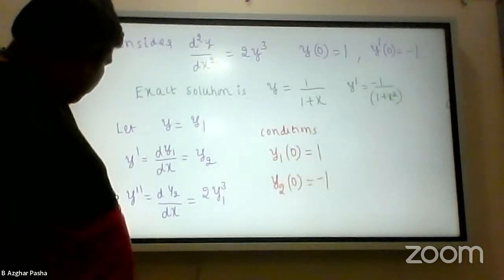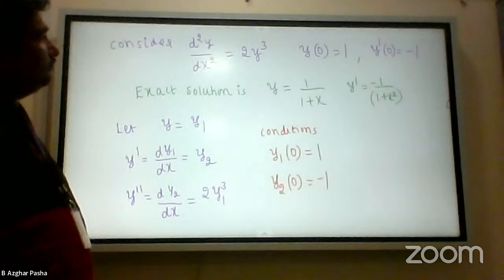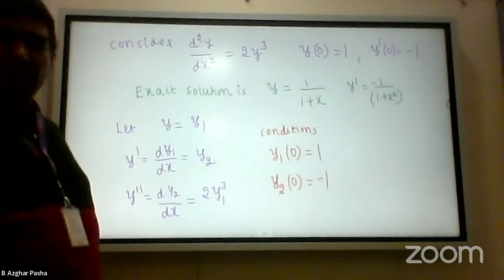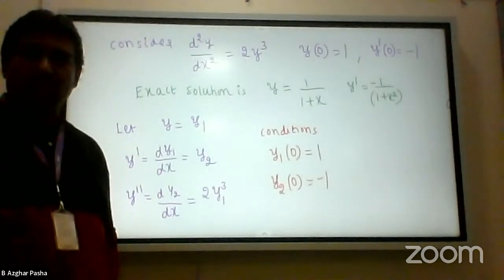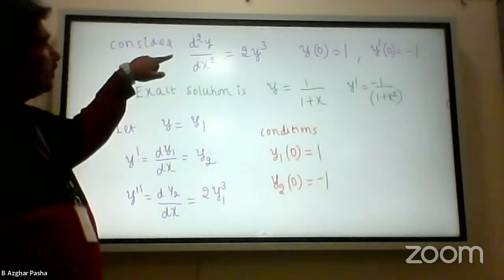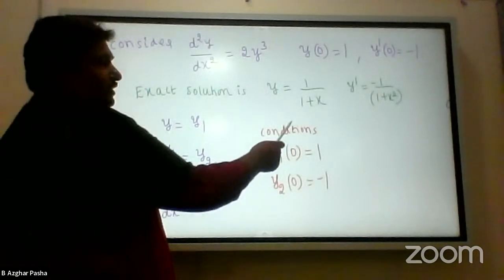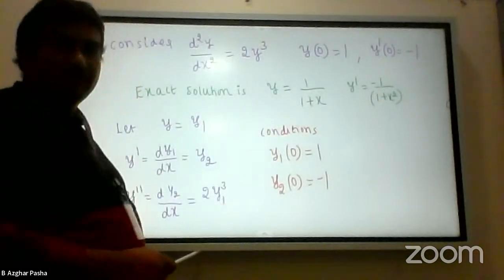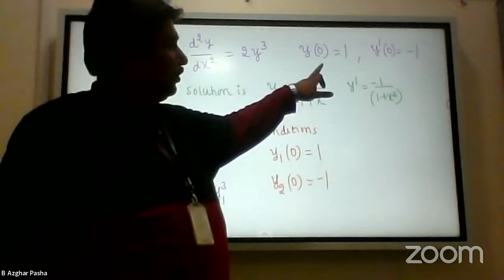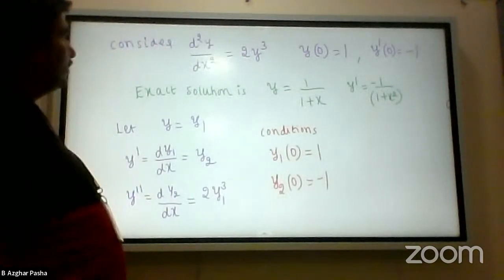To start with, as you all are familiar with solving initial value problem using the ODE45 solver of Matlab. If a second order equation is given, d square y by dx square is equal to 2y cube, whose solution is y is equal to 1 by 1 plus x, with the initial conditions y of 0 is equal to 1 and y dash of 0 is equal to minus 1.